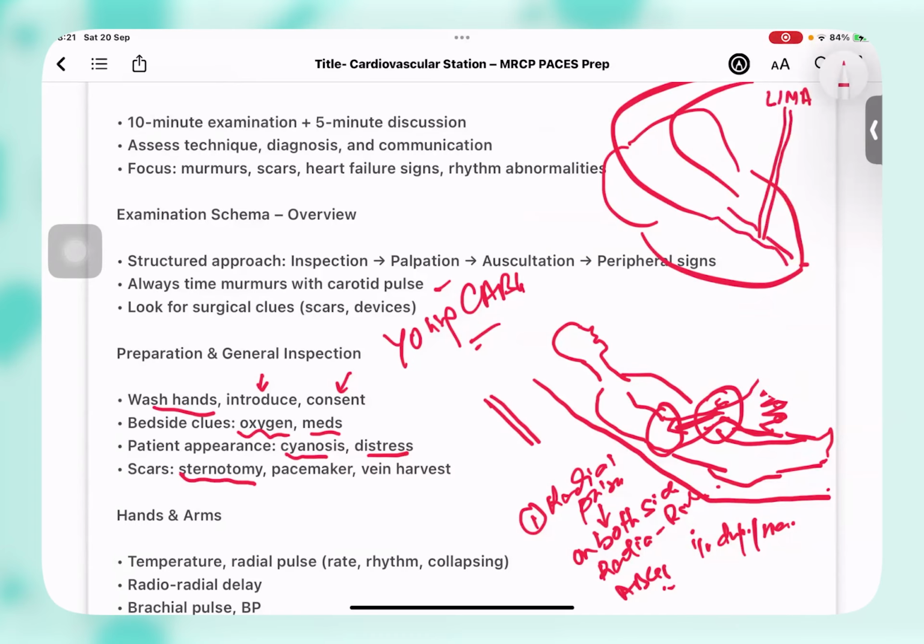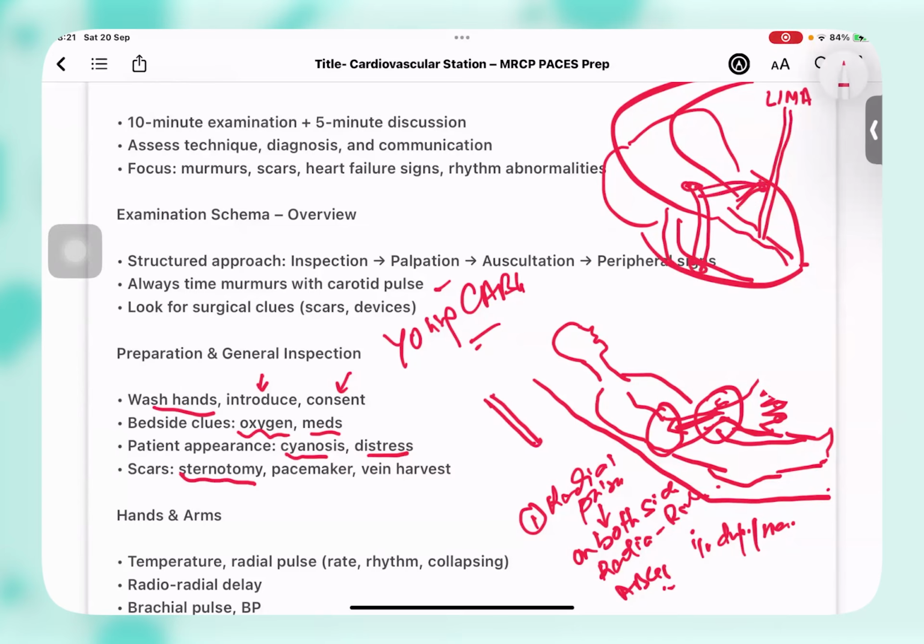But what about the RCA and the circumflex? Usually they are put as a venous graft. But in young people, good surgeons try to take a radial graft. So that is a radial harvest. You harvest the radial artery from here, and then you put one end into the aorta and the other end into the RCA or circumflex. Is that clear? Radial harvest.